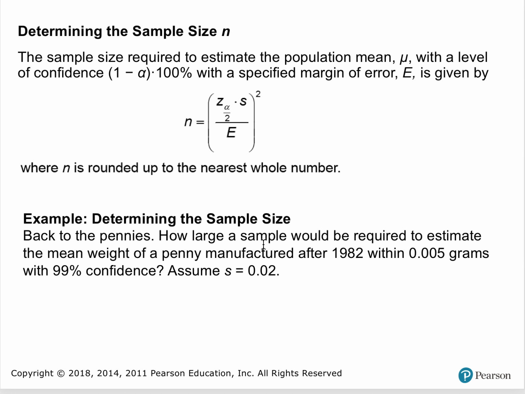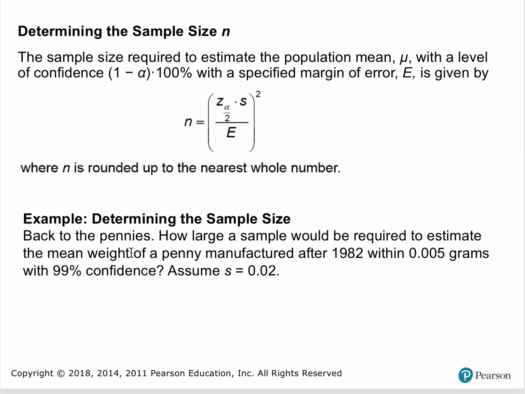Okay, but so our sample size, determining what sample size we need for this course. Okay, the sample size required to estimate the population mean with a level of confidence of whatever we need with a specified margin of error is given with this formula. And remember, just like last time, n is rounded up, not just rounded or rounded off, rounded up.